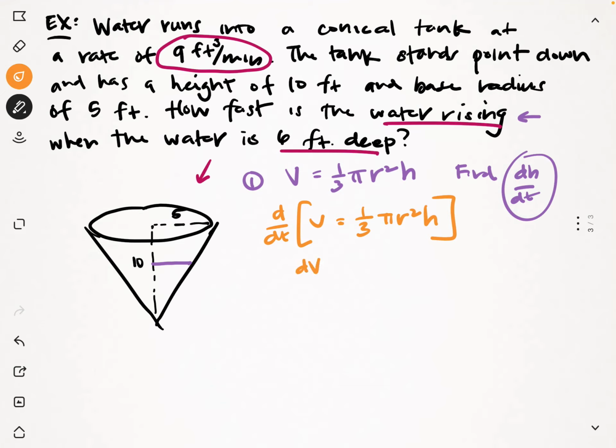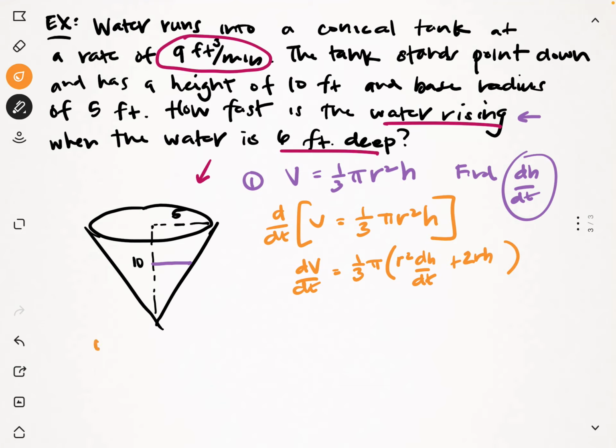So we have dV/dt equals 1/3 pi, and then our u is r squared, so r squared dH/dt, and then we have v du, which is 2rh.